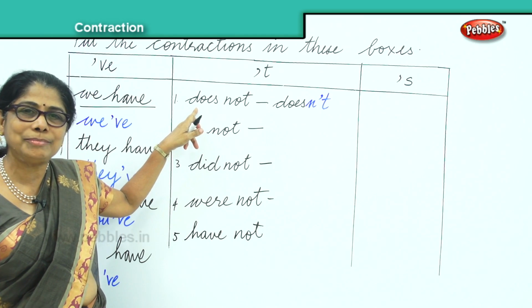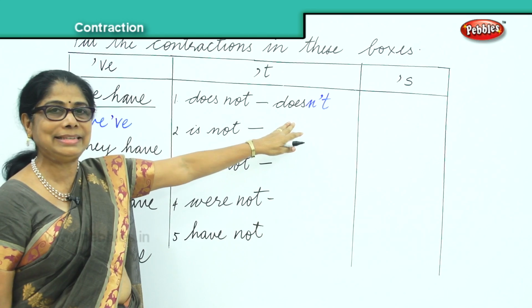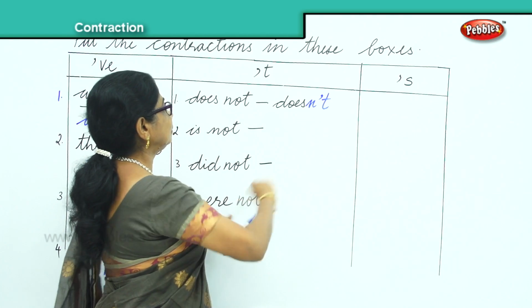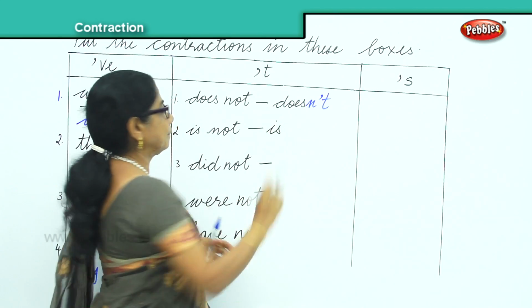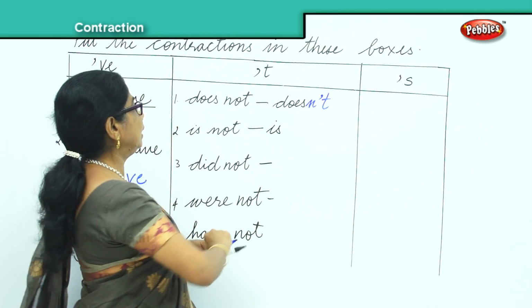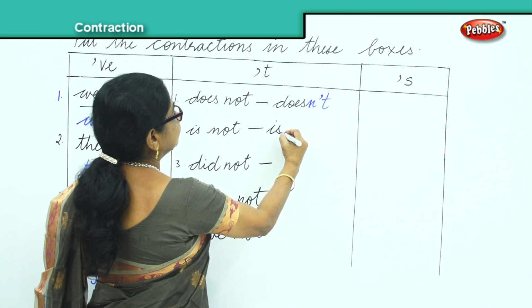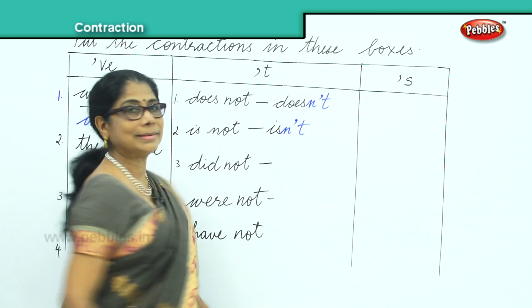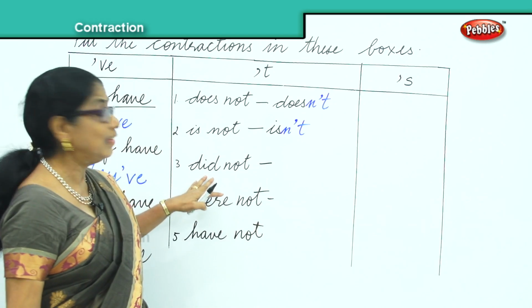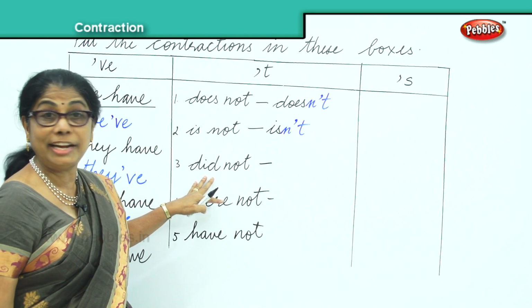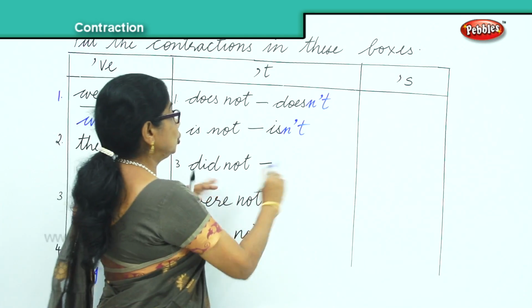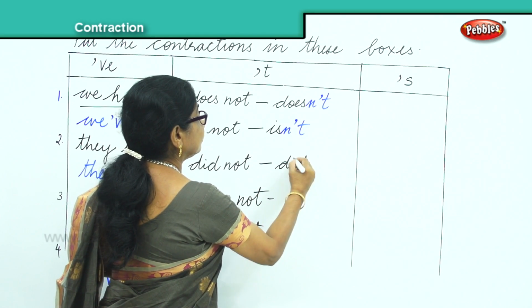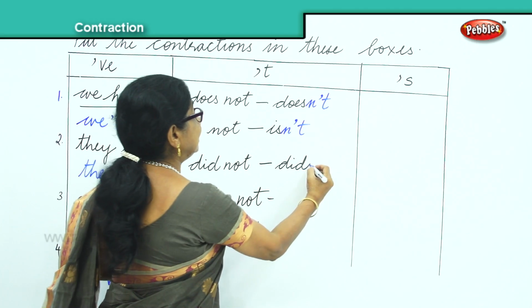She does not come to school every day. She doesn't. And here you have is not, isn't. Then you have did not. I did not take that pencil. So you will write did, didn't.